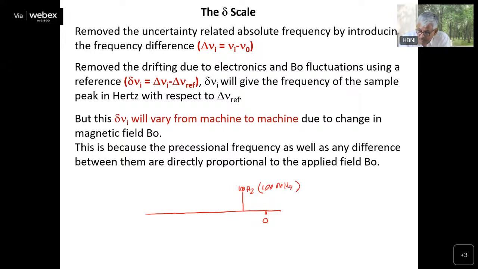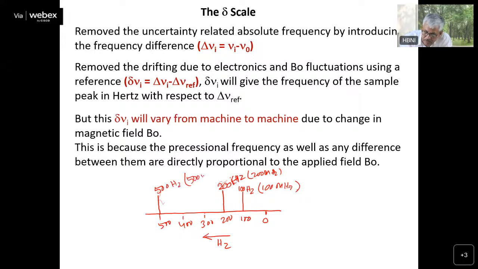If you record the same in a 200 megahertz machine, you will see that the peak is now at 200 hertz. Let us say this axis is 100, 200, 300, 400 and 500, in hertz. If you record this in a 500 megahertz machine, you will get the same peak at 500 hertz.